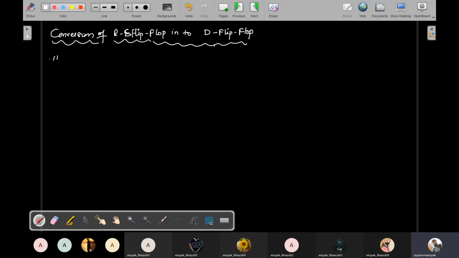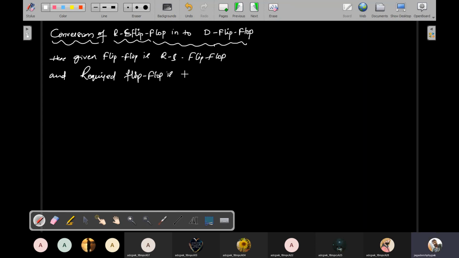Here the given flip flop is RS flip flop, and the required flip flop is D flip flop, understand? So here the given flip flop is RS flip flop and the required flip flop is D flip flop. So what is the block diagram?